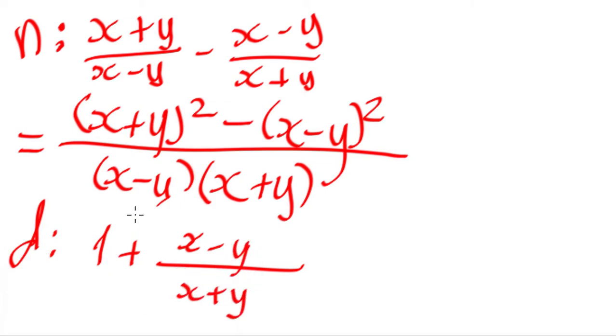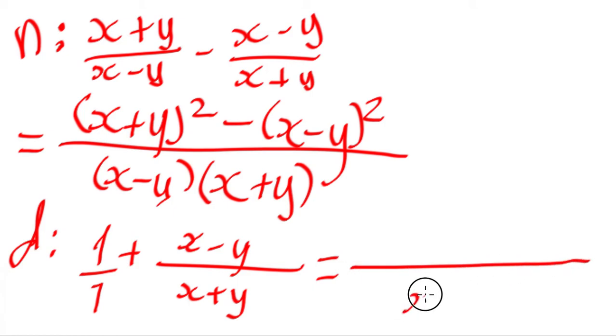We need to find the LCD from here too. Imagine a 1 here. Therefore, our LCD is just x plus y, so all of them must have x plus y with them. Let's put them in a single fraction now. So our LCD is x plus y.